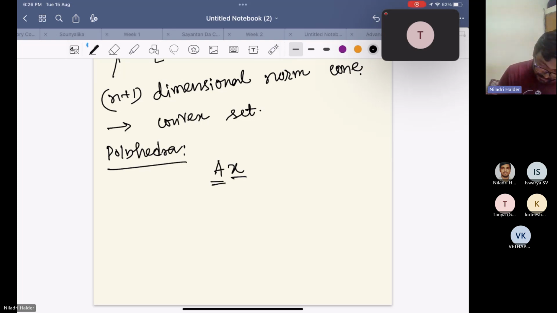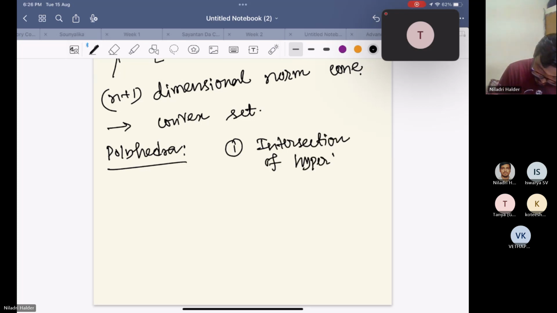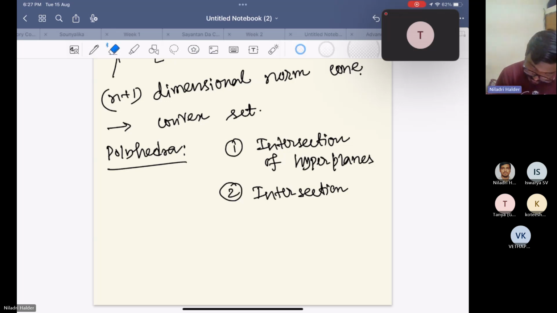If Ax is less than or equal to b, then, before going to polyhedra, we have two things: one is the intersection of half spaces, and another one is the intersection of hyperplanes. First is the half spaces.